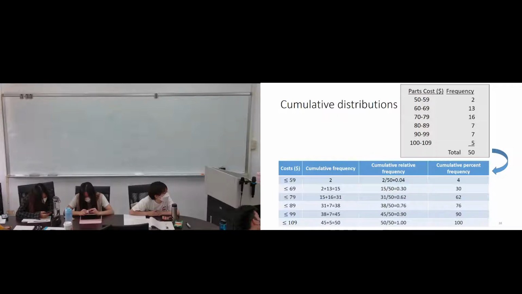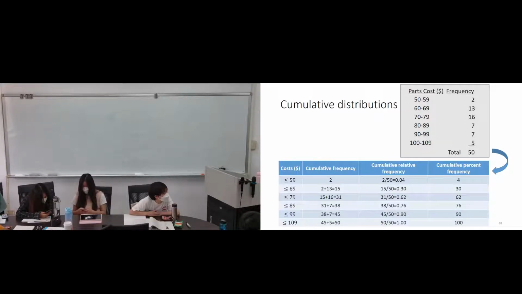For the first class, the upper limit is 59. So we write down 59, less than or equal to, which is 2 out of 50 who spent between $50 and $59.